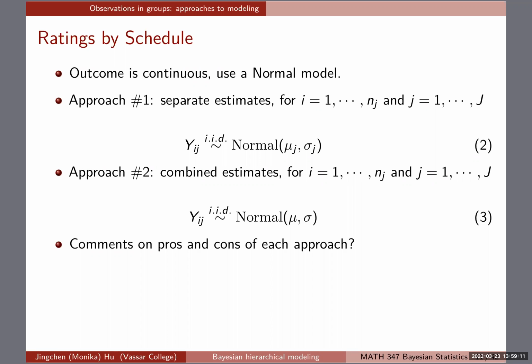So if we just lump everything into a big group and do approach 2, we might not be able to capture those. It's highly possible that the ratings do vary a lot within the schedule, and approach 2 doesn't capture as much. But with approach 1, just like Alex pointed out earlier, you only have 3 data points for one of the groups, and it will be really hard to deal with no matter what.